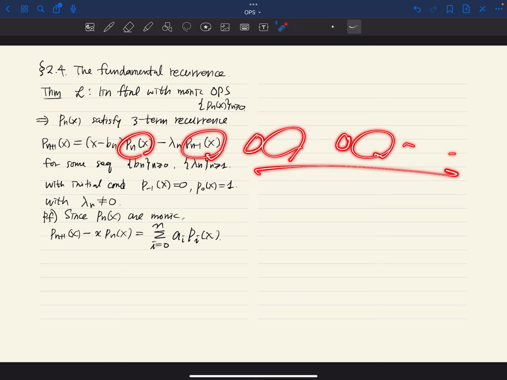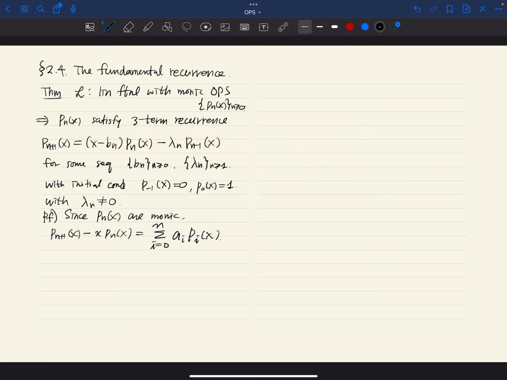If you can show that, that's enough. So it's enough to show a_i equals 0 if i is less than or equal to n minus 2, right? That means we only have P_{n-1} and P_n appearing, but that's exactly this.